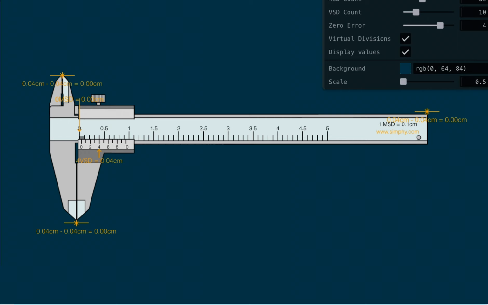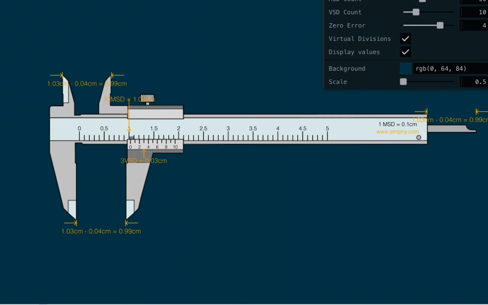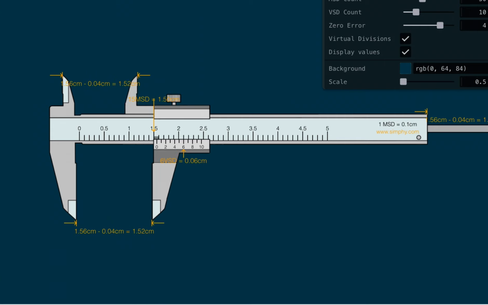We can see that the 0 on the Vernier scale lies to the right of the 0 on the main scale. In this case, the fourth division is coinciding, so the error is plus 0.04. Now if I measure an object, the Vernier scale 0 is to the right of the 1.5 centimeter mark on the main scale.